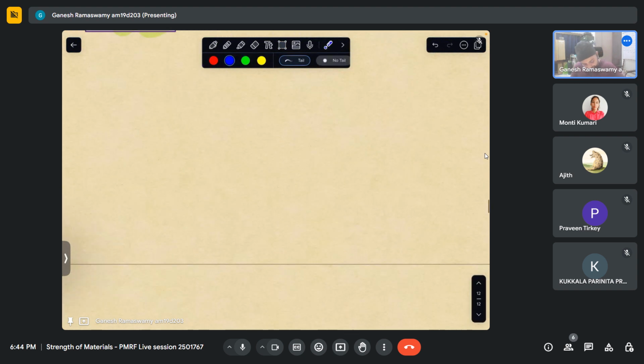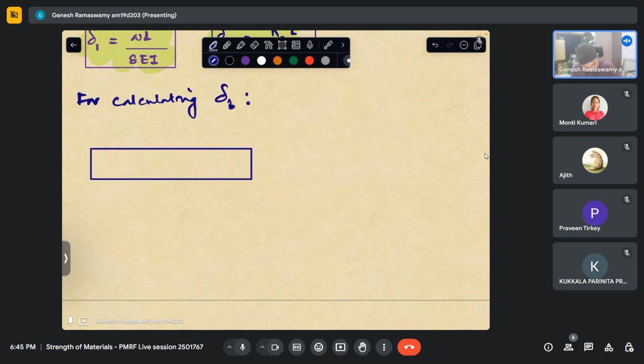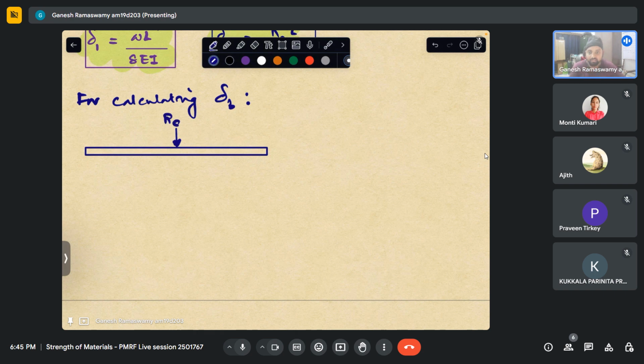So for calculating delta 3, I have a simply supported beam. Let us say this is the beam, and then at the center I have a load which is nothing but RC, and I'm drawing the free body diagram. So this will be RA, this will be RB.